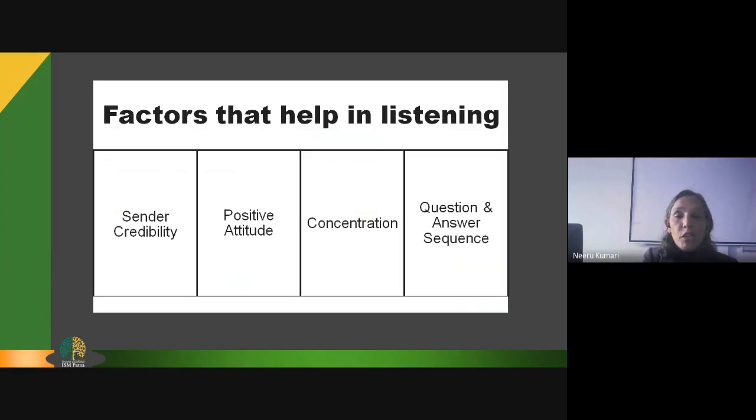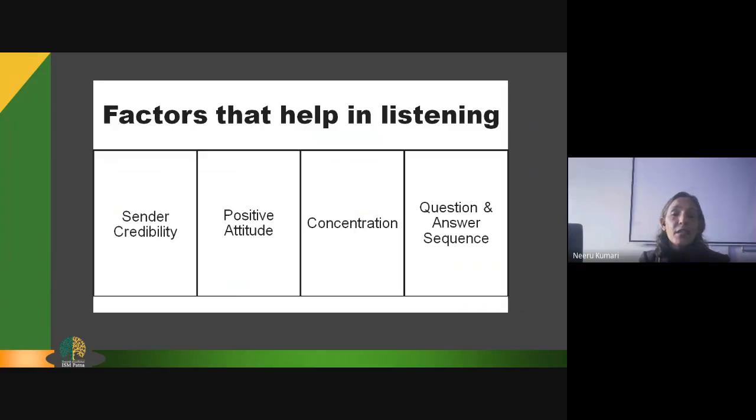If you become judgmental, if you believe that the one who is speaking is not going to speak well or share new ideas, and you know far better than him or her, you cannot become an active listener. So if you really want to become an active listener, don't check the credibility of the sender, believe him or her, have a positive attitude, and develop concentration.